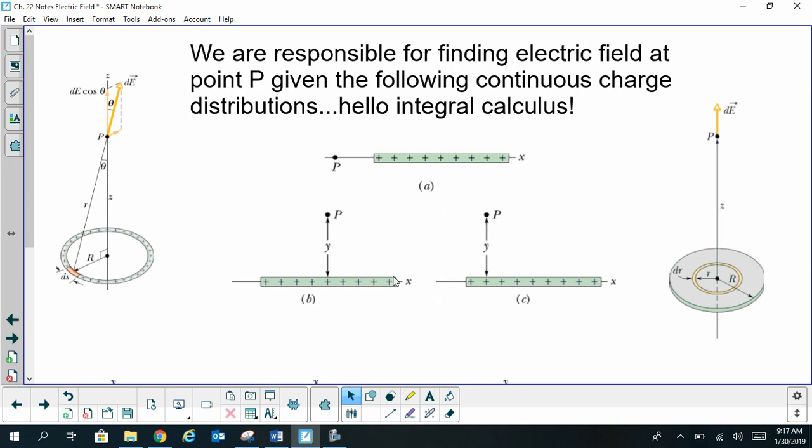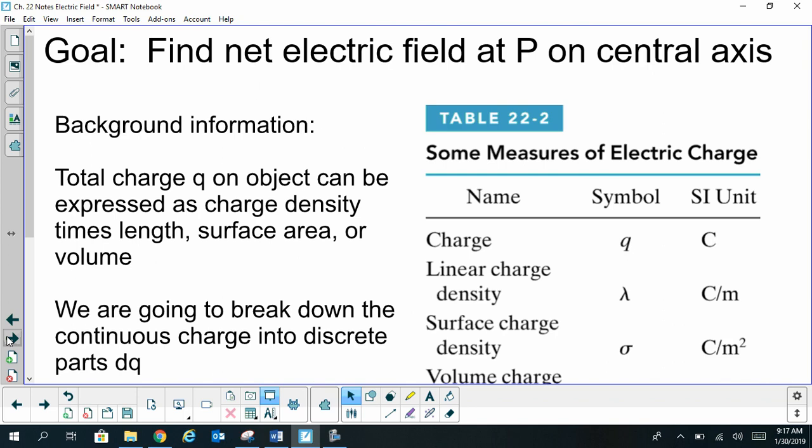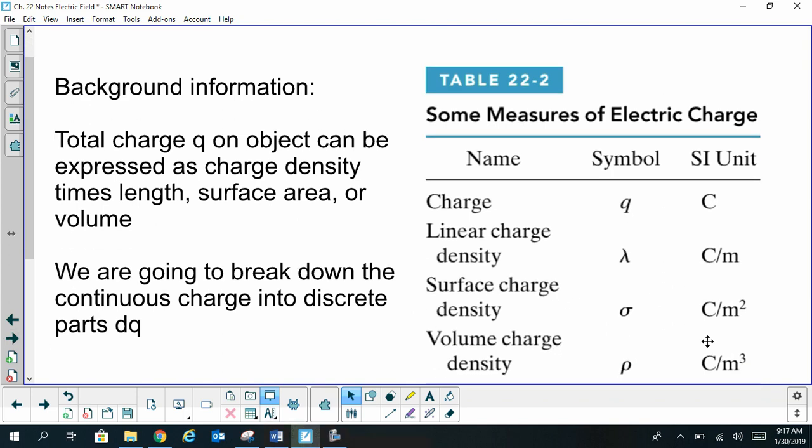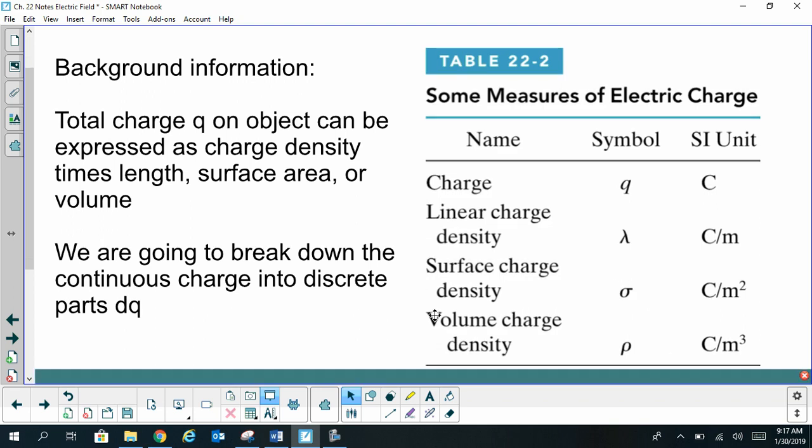This would have a linear charge density, and then here again, this would have a linear charge density. And that little guy right there is sigma. And then a volume charge density is rho, and we've seen rho before. We're not going to deal a lot with volume charge density at this point, but it behaves the same way as our linear and our surface charge density.